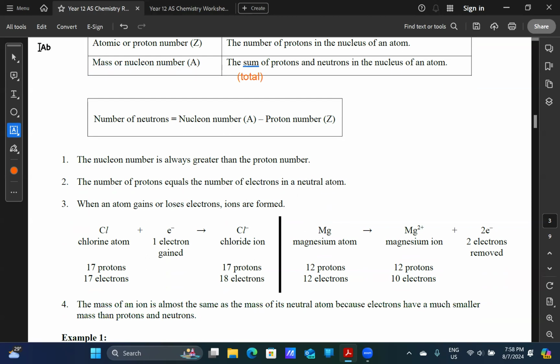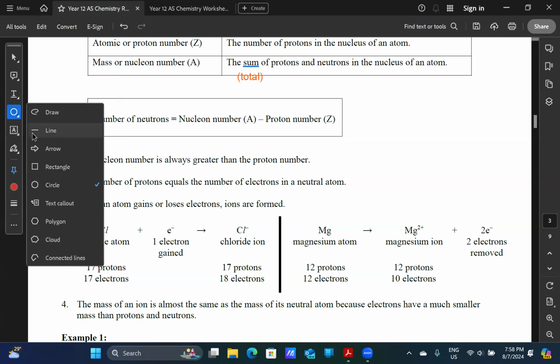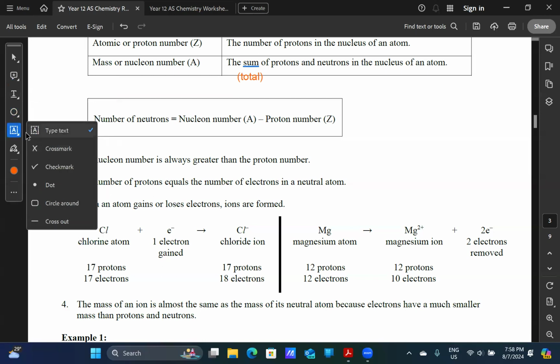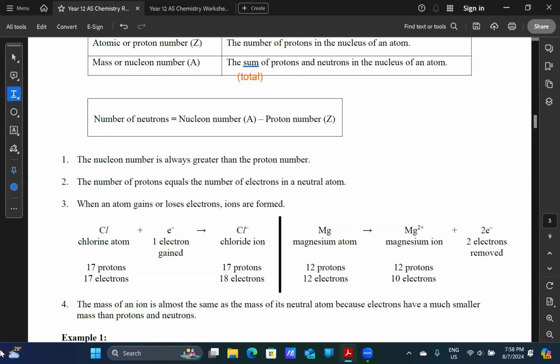Okay, next part. Atom is always neutral. Why do we describe atom as neutral? Neutral indicates that the atom carries no charge.